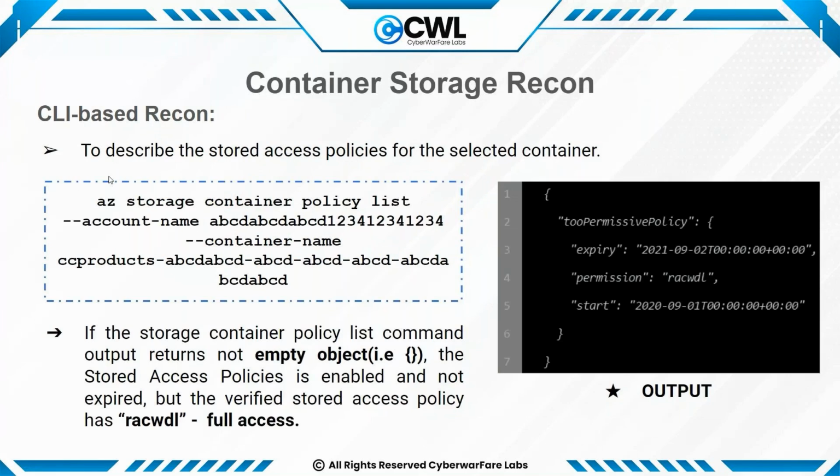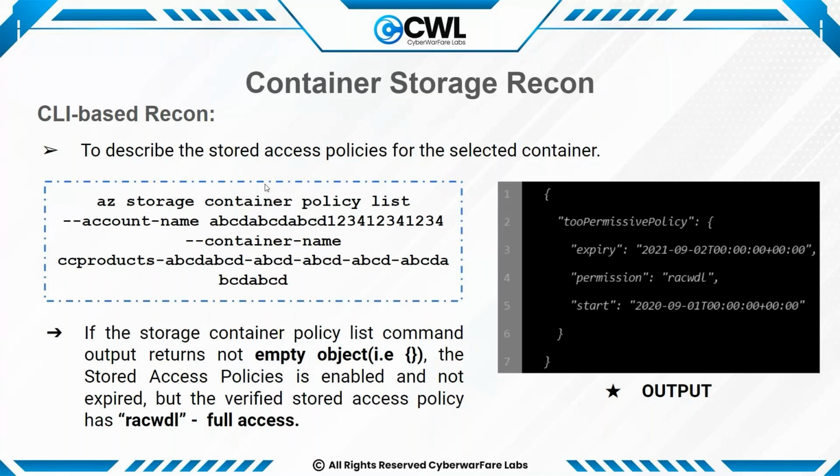Now we'll be seeing the stored access policies of the selected container. To do so, we need to execute this particular command. In this command, the subcommand storage container policy list is used to list the stored access policies for a specific storage container.